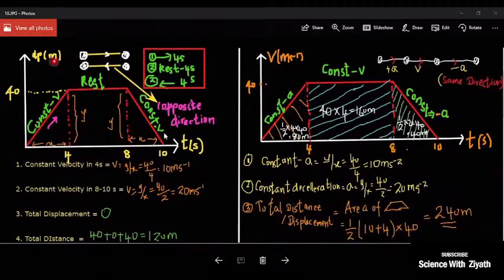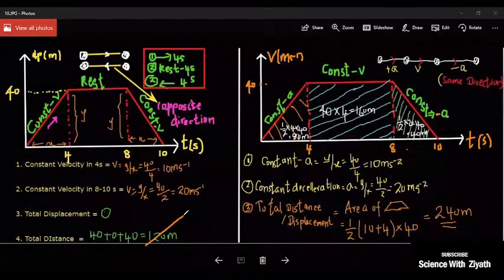In a displacement time graph, look at this one. If it's 40, then what should the answer be? I forgot that.